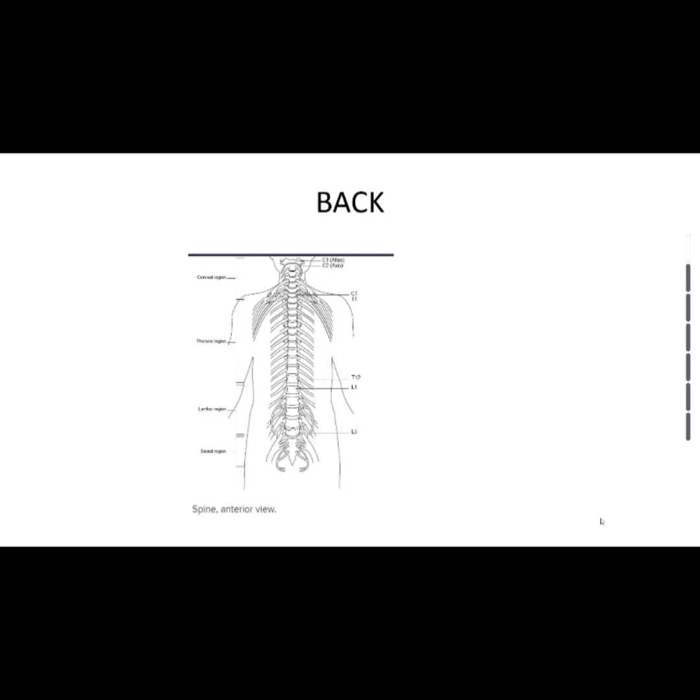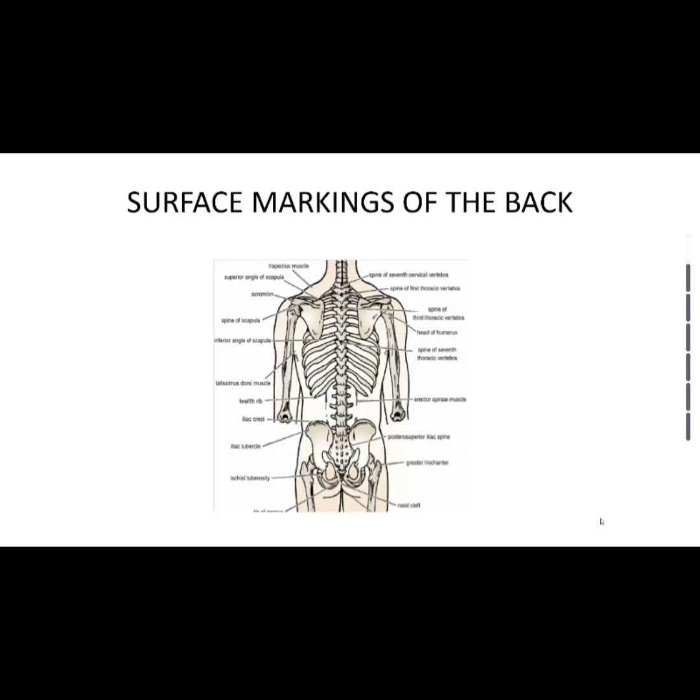Then the muscles of the back, we have superficial, and then we have the deep muscles. Usually, we will not go into a lot of detail about the muscles of the back, but at least it's good that you know that there are those muscles. Like the trapezius muscle, most of them will have attachment to the spinous processes of the vertebrae and also the transverse processes.